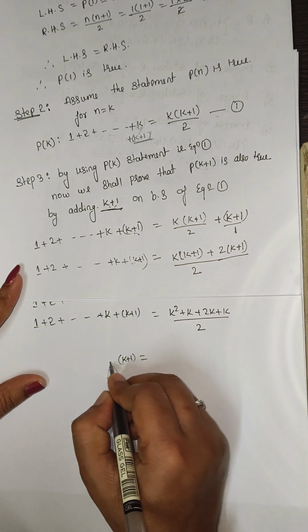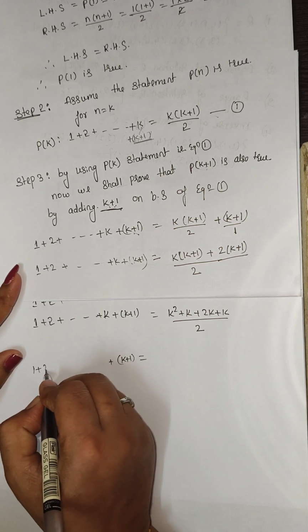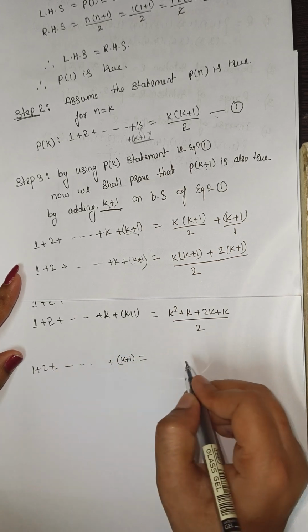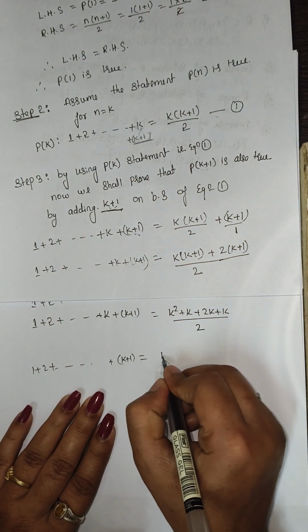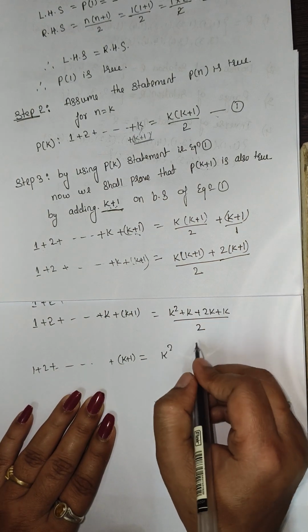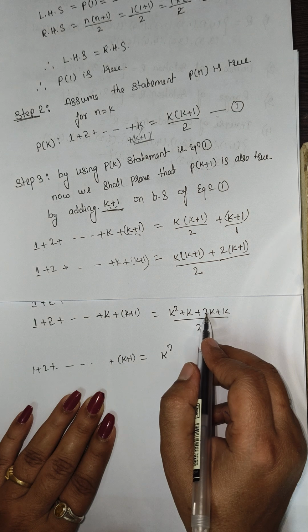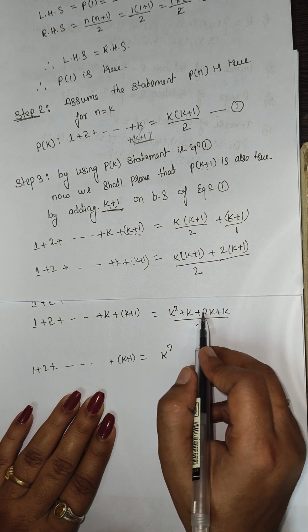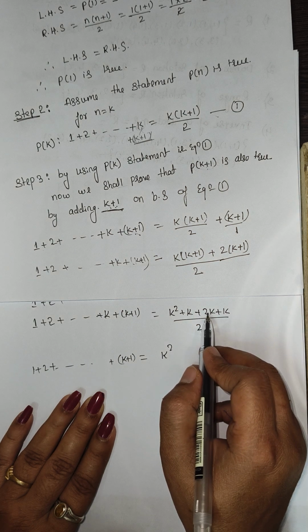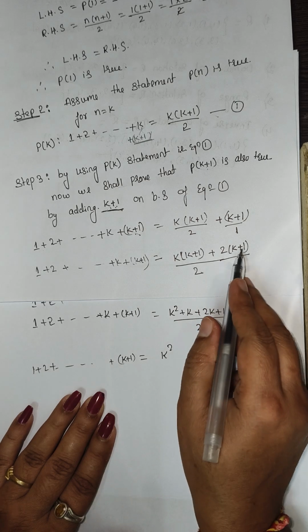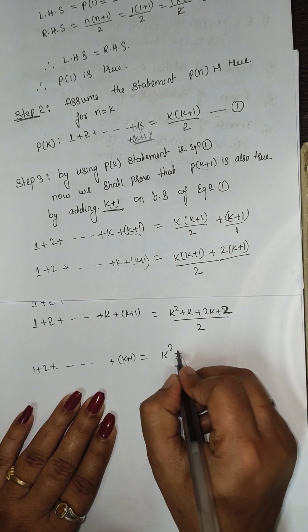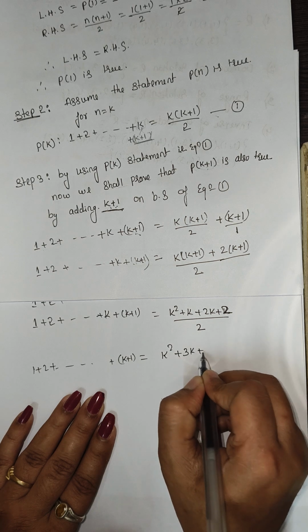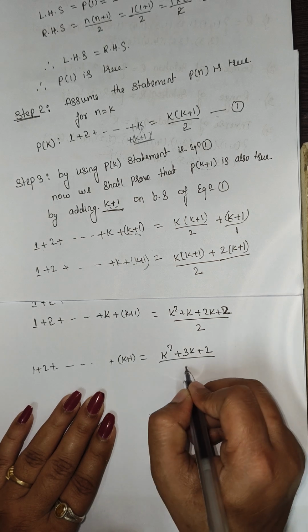Left hand side is the same as it is. I will write only the first term and the last term similarly. Now see here, k square, 2k plus k, 2k plus k is 3k, and the constant is 2. So it is k square plus 3k plus 2, divided by 2.